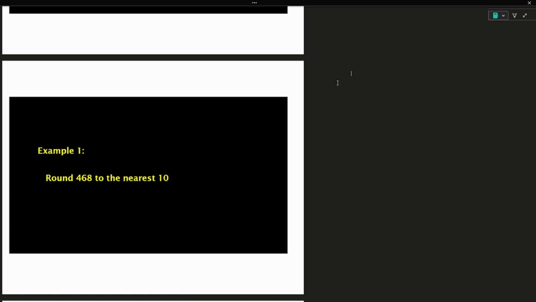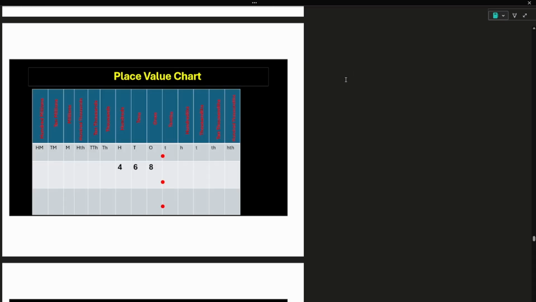Now, using a place value chart as shown, we need to identify the digit in the 10th place. In 468, the digit in the 10th place, as we can see, is the number 6.